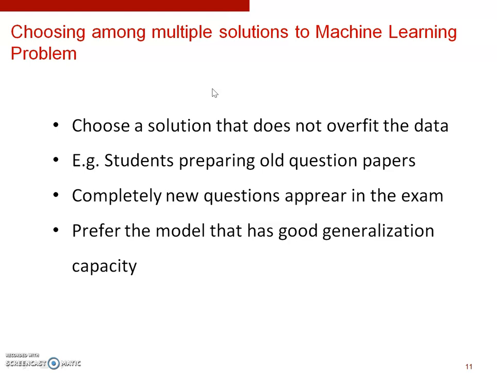Then, as we have already seen, there are different ways of building a machine learning system for a given problem. For spam email detection, we have seen three different types of classifiers: linear classifier, probabilistic classifier, and the rule-based classifier.